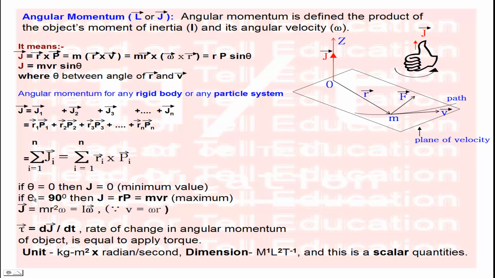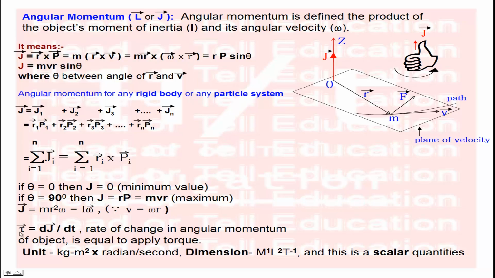If theta equals 0 then J equals 0, the minimum value, and if theta equals 90 degrees then J equals R P equals M V R. This is the maximum value. Now we know that V equals omega R, so J equals M R square omega.